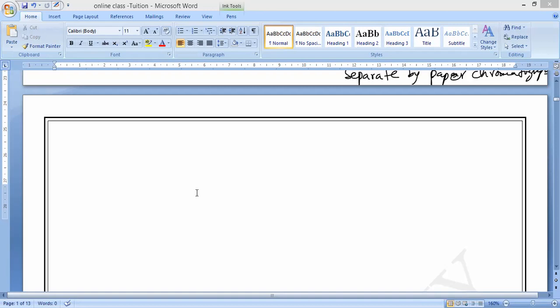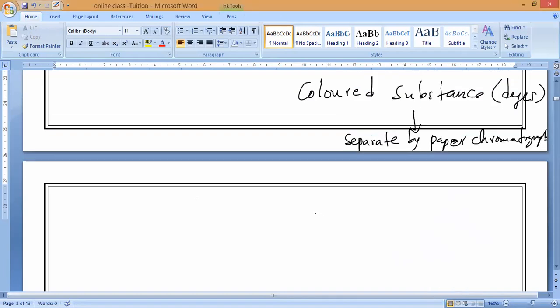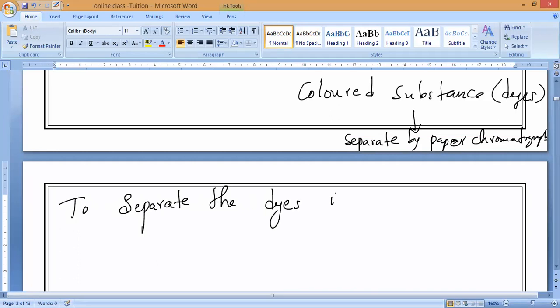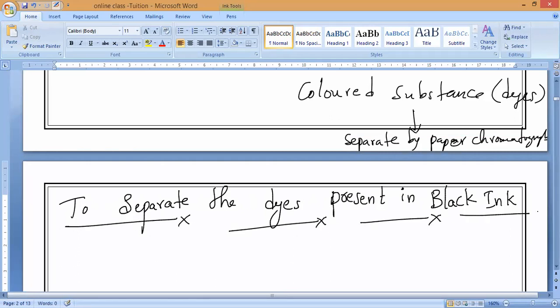So now we are using the same technique, paper chromatography, to separate the dyes present in which ink? Blacking. Please allow me to write: to separate the dyes present in blacking.